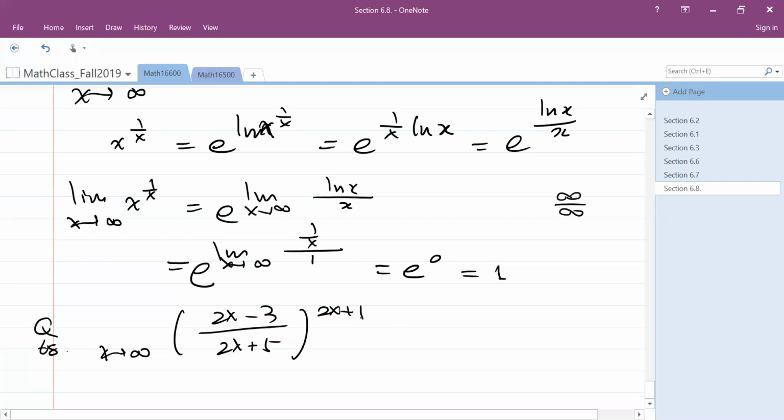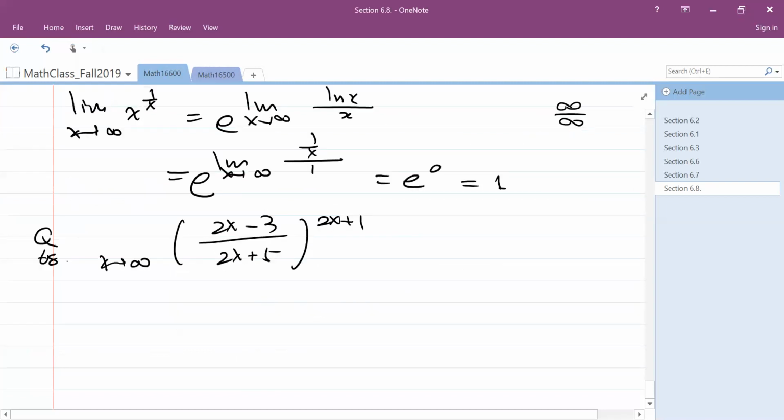I don't want to modify the function too much because that's not a very general idea. So I use the above technique, since both the base and the power change, you have to use e to the natural log.